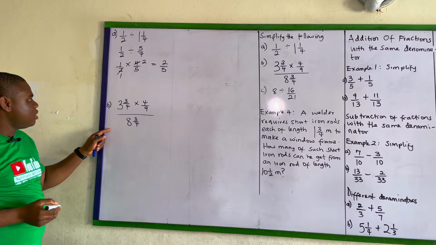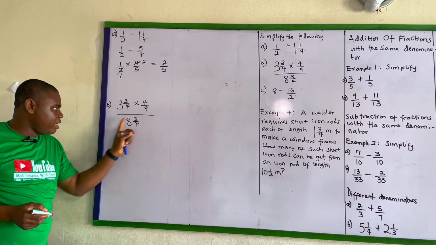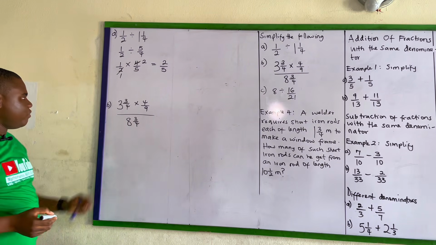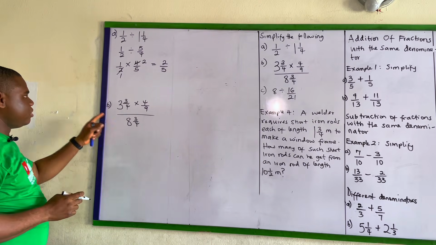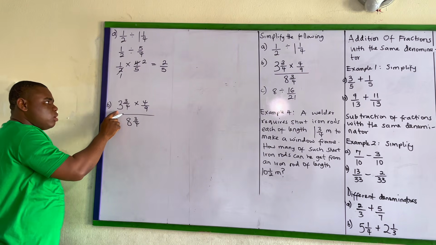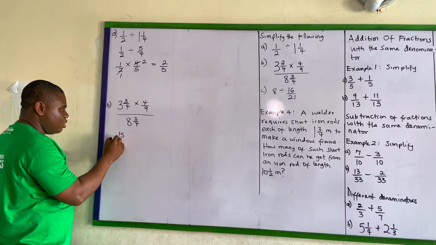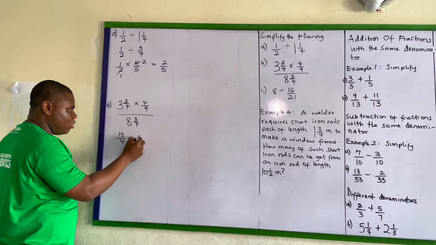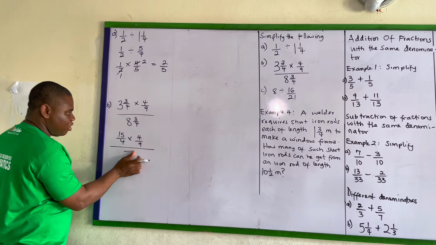Now the next one, I have 3 and 3 over 4 times 4 over 9 divided by 8 and 3 over 4. All right, now this one, I need to convert this to an improper fraction. So 4 times 3 gives me 12. Now 12 plus 3 gives me 15. So I have 15 over 4 times 4 over 9, all over 8 and 3 over 4. Sorry, let me convert this too.